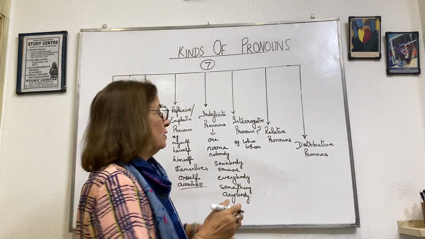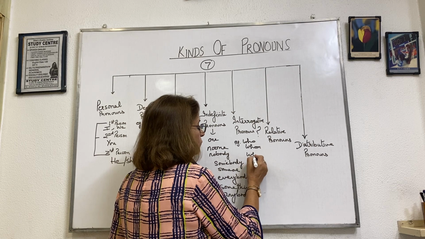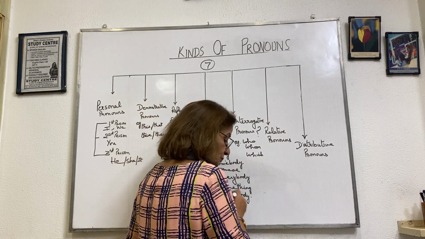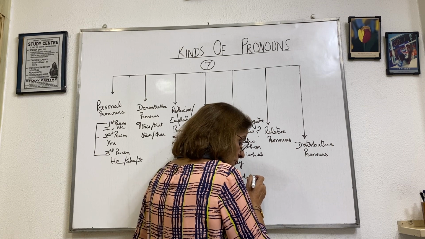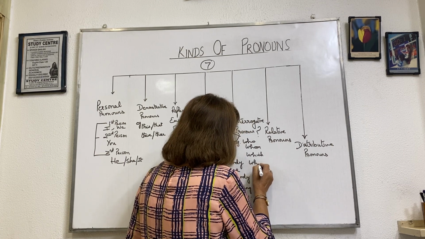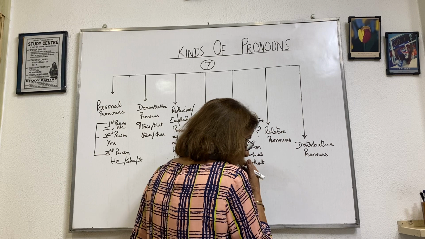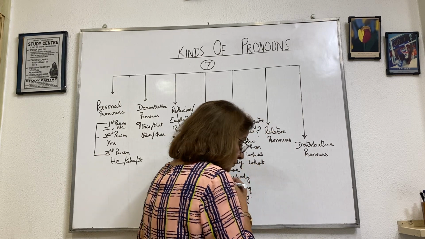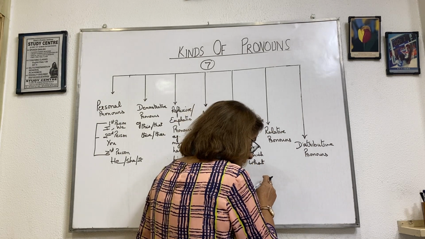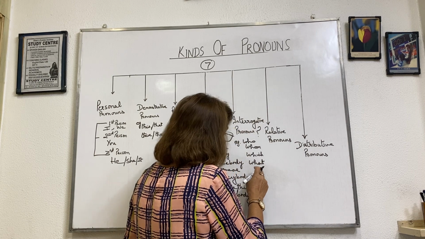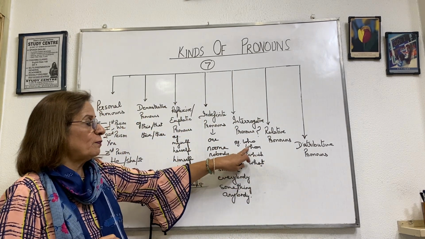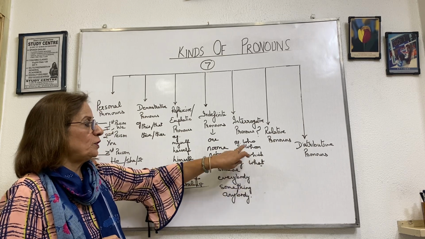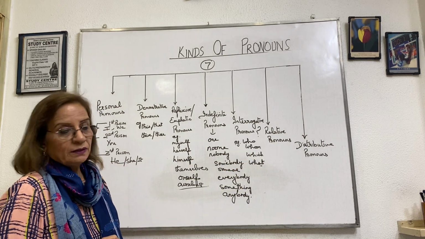And for things we use which, or what. What can also be used for things. Okay. So whom we use for a person, and which and what we use for things.